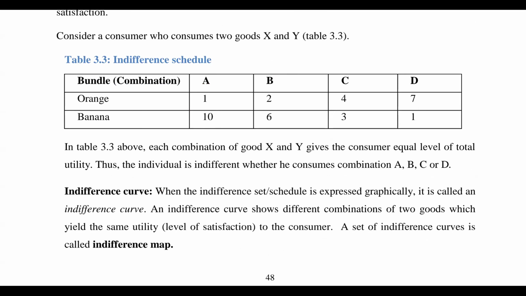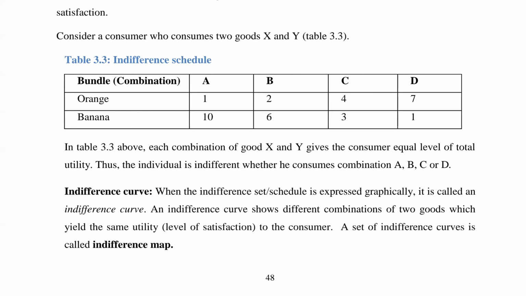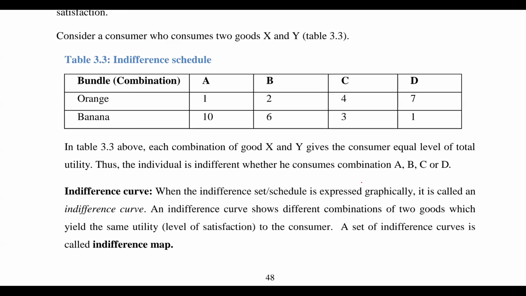Now, observe that at this point, we are also bringing in what you call an indifference curve. An indifference curve basically is a graphical expression of this relationship that we're talking about, or of the indifference set. When the indifference set has been graphically depicted, what you will see is what you call an indifference curve.